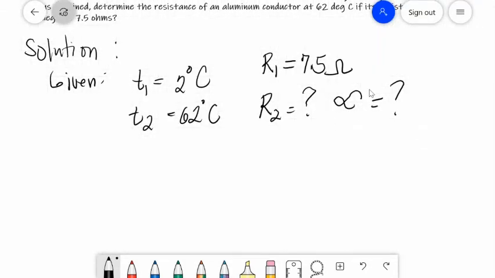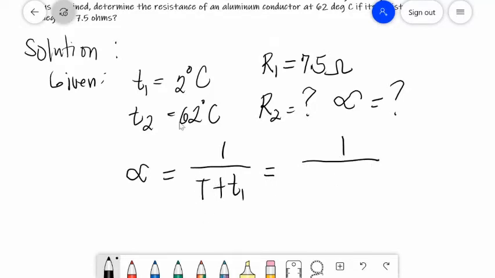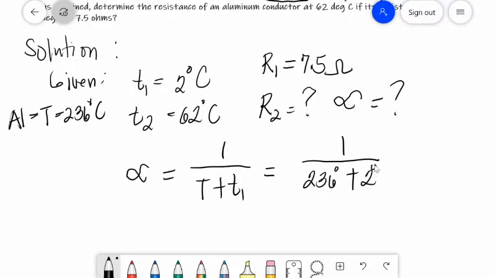First, we will solve the temperature coefficient, alpha. It is equal to 1 all over T plus T1. So what is our T? Since this is aluminum, in our table, T is equal to 236 degrees Celsius. 236 degrees plus 2 degrees. It is equal to 4.2 times 10 raised to negative 3 per degree Celsius.